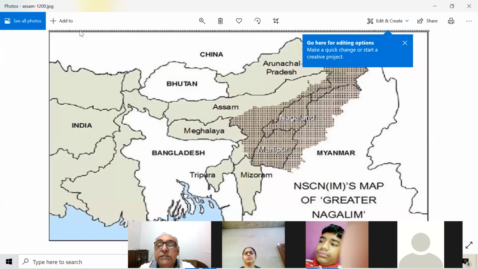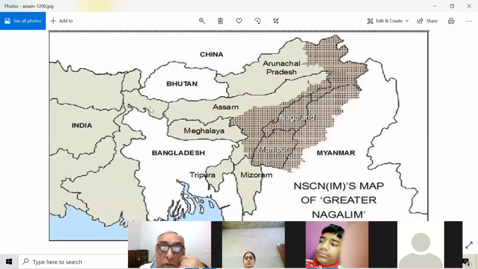So, beta, this is that map, right? According to this, they demand territory from Arunachal Pradesh, the adjoining territory from the state of Assam, territory from Manipur also, and territory from Myanmar also.